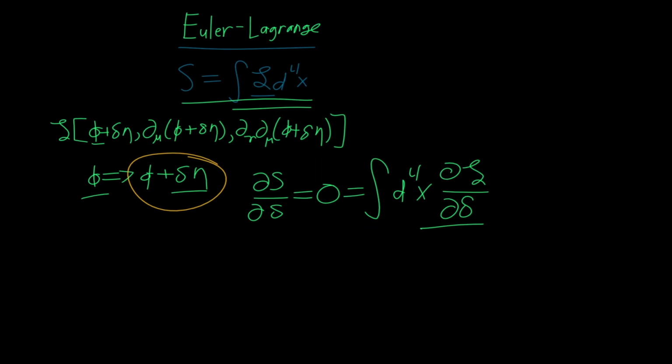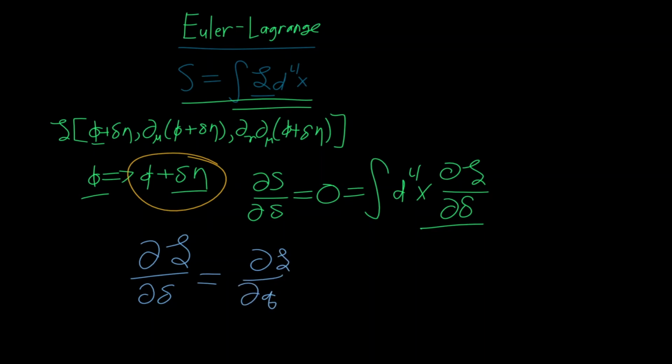What the multivariable chain rule tells us is that if we differentiate our Lagrangian with respect to some delta, then the result is just going to be the partial derivative of our Lagrangian with respect to the different arguments of our Lagrangian.